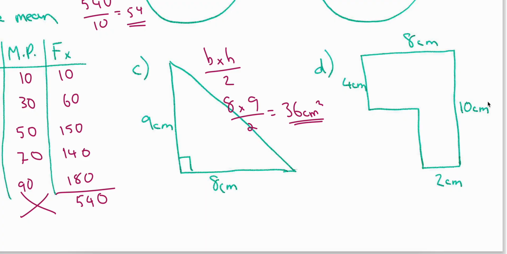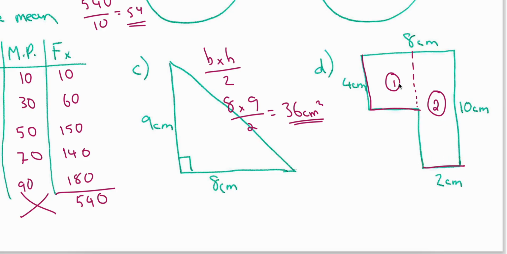Nice and easy. Okay, so next up we have got a compound shape here. So what I'll do with the compound shape is I'm going to split it. Now I think it's going to work best for me to split it here, but actually I don't think it matters. I'll call them shape 1 and shape 2. Now shape 1 is 4, but I don't know what it's 4 by, but I do know that the whole length is 8.